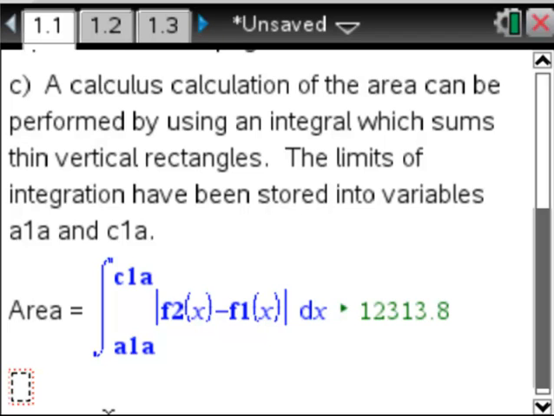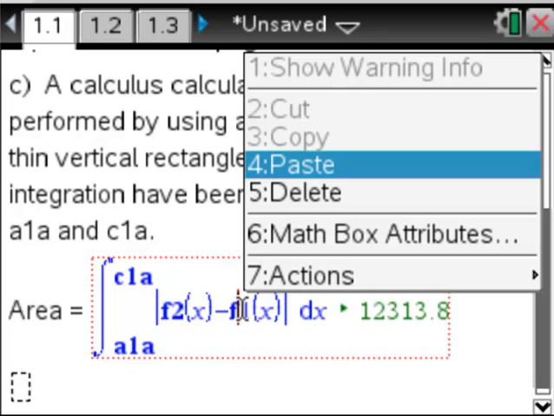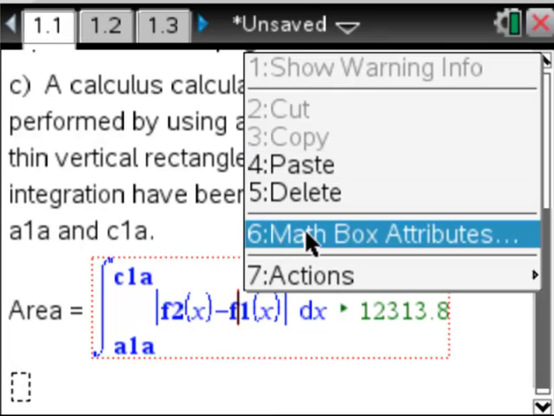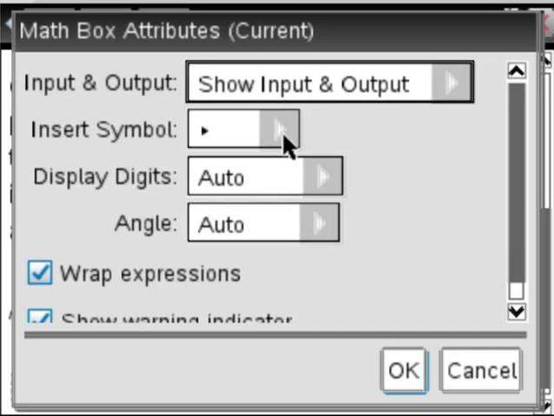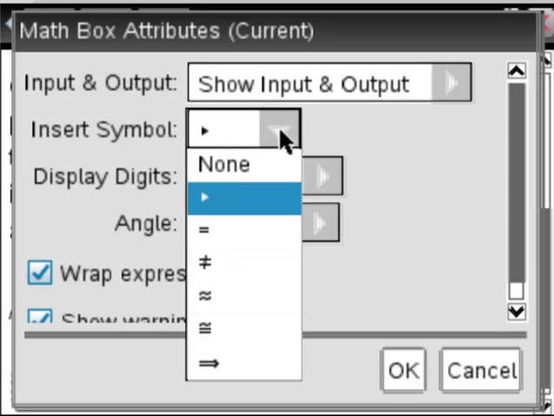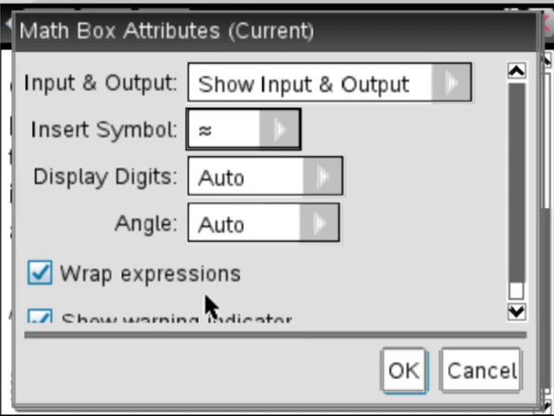There we are, and let's change that little triangle to be an equal sign here. Since we're actually having a decimal approximation distinction, we'll make it an approximately equals sign.